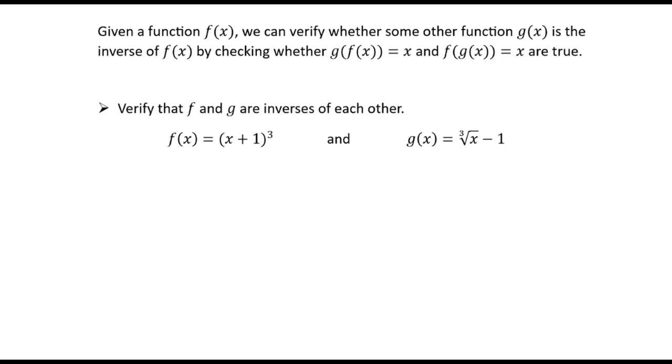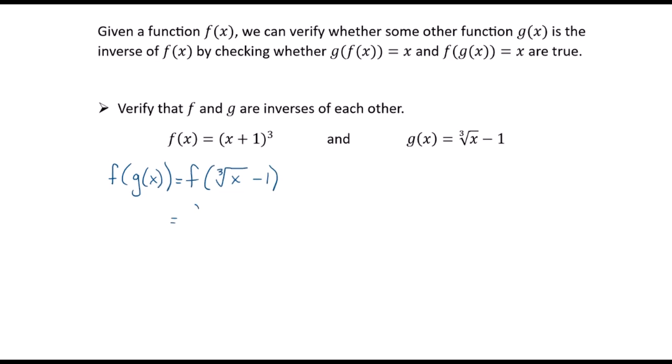Here, verify that f and g are inverses of each other. So we do this by taking f of g of x. This is f of the cube root of x minus 1.